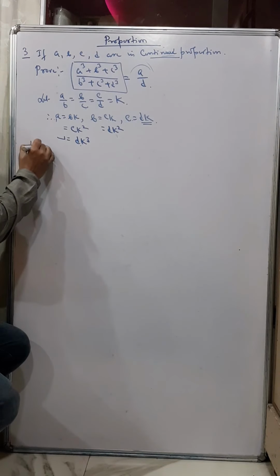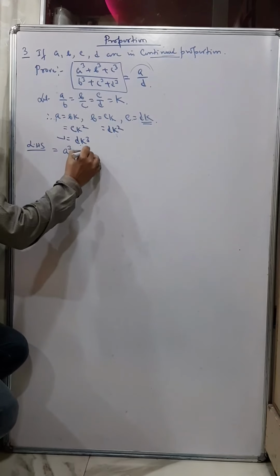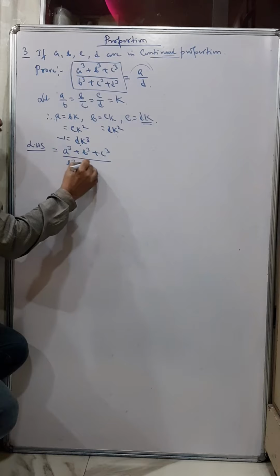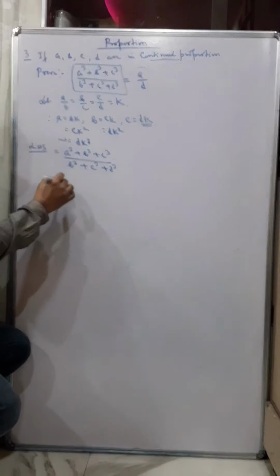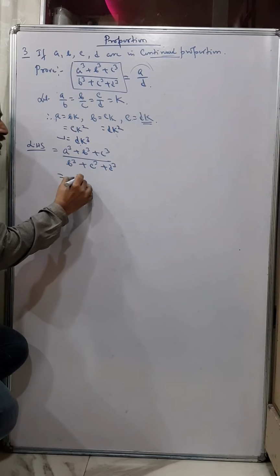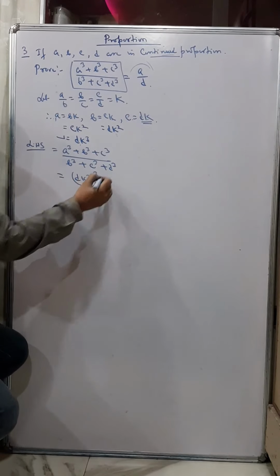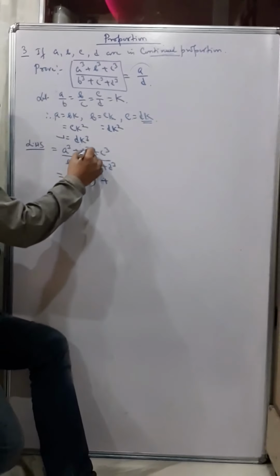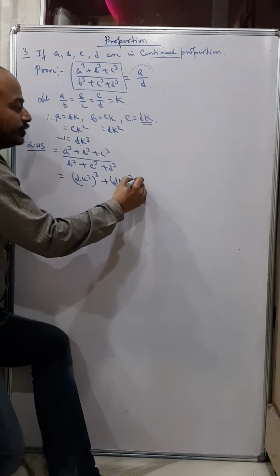So you see LHS, that is A cube plus B cube plus C cube, and then B cube plus C cube plus D cube. So A cube means what? DK cube and whole cube. B cube means DK square whole cube.